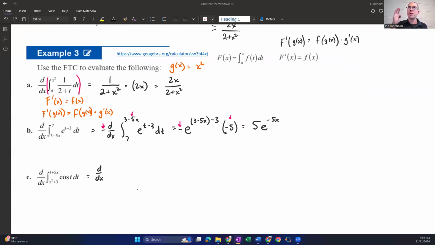And the idea being we imagine some point A that's in between the two boundaries, and we split this integral based on this new point A. So on the lower one, we'd be going from x squared plus 3 up to a of cosine of t dt. And then we can pick things up at a and go to 1 plus 5x of cosine t dt.